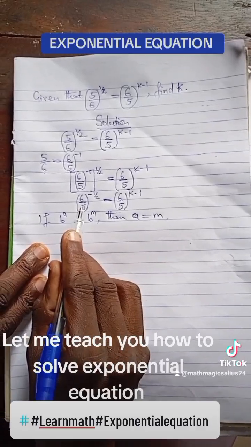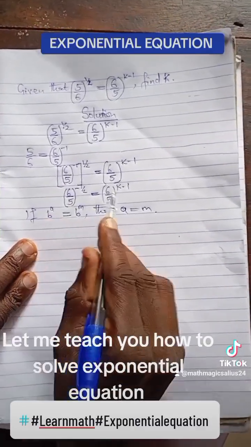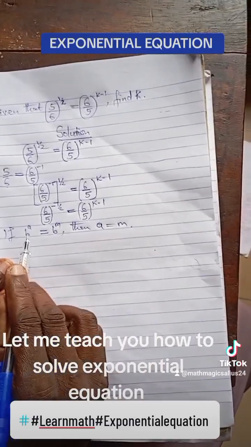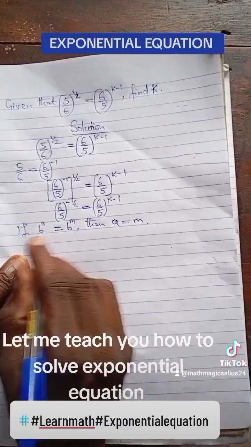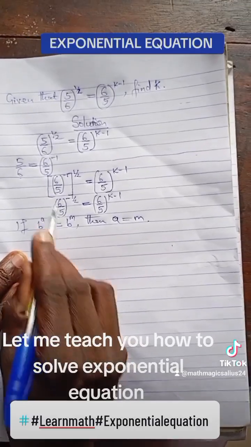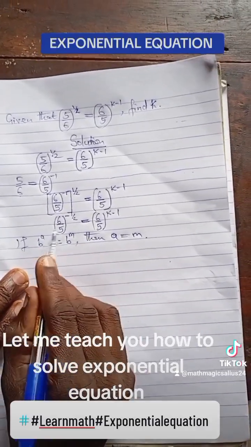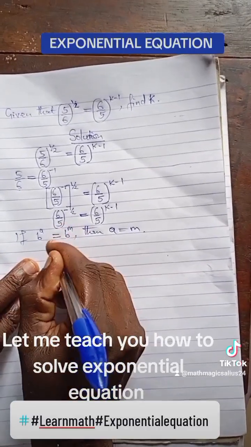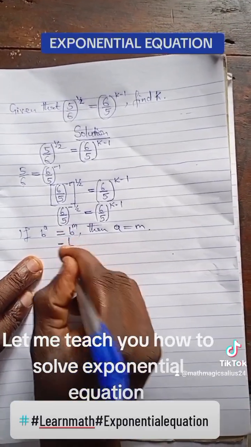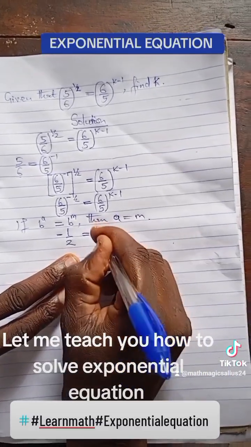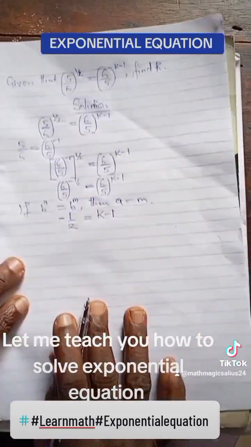Since the bases are equal, we leave the base and equate the power. So I'm going to have minus 1/2 equal to k minus 1.